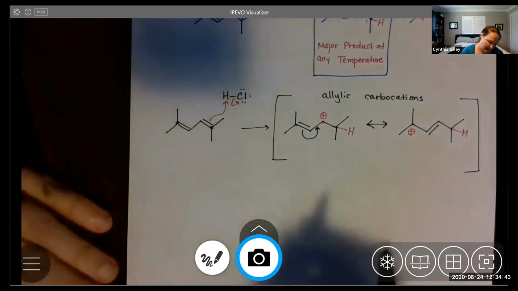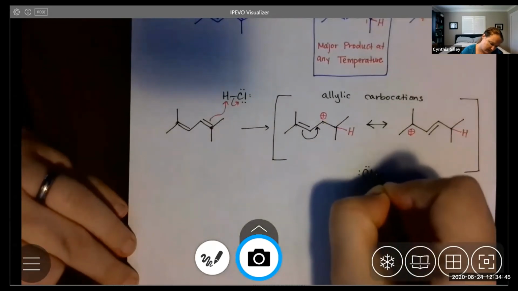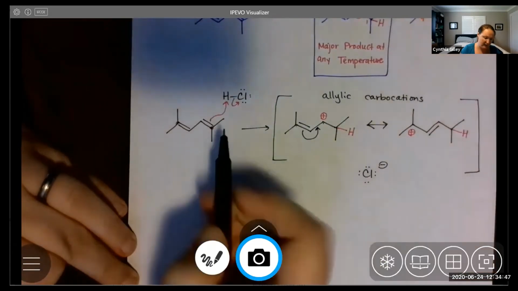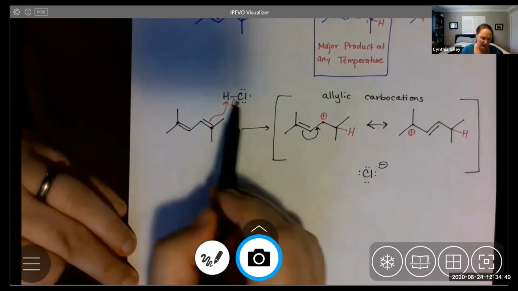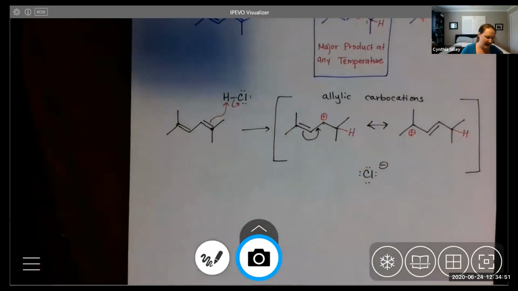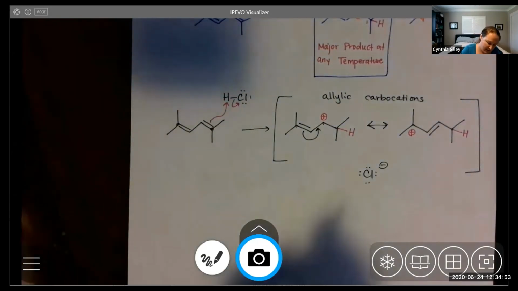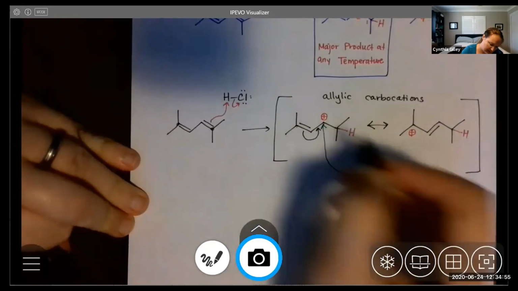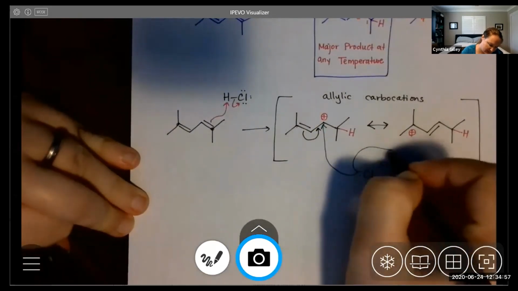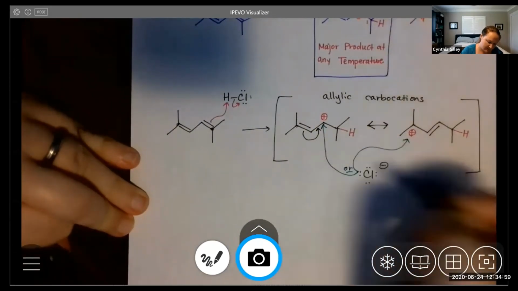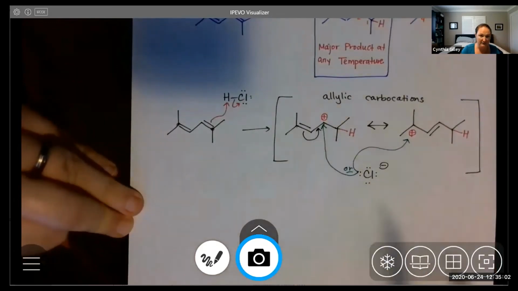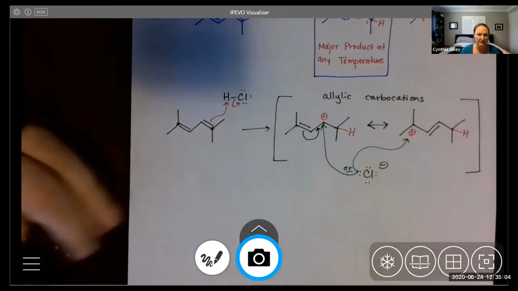So the chloride that was formed from the first proton transfer step can attack either carbon that has a partial positive charge. Either it attacks this carbon or it attacks the other.